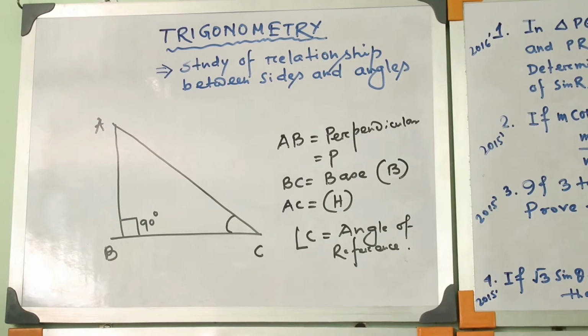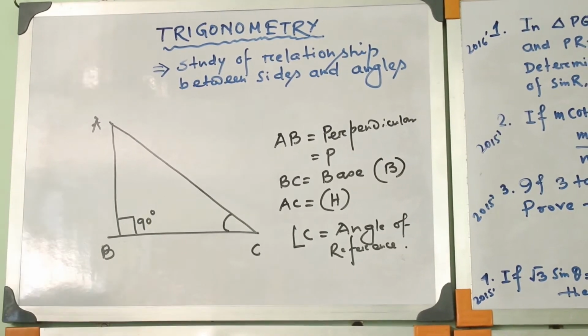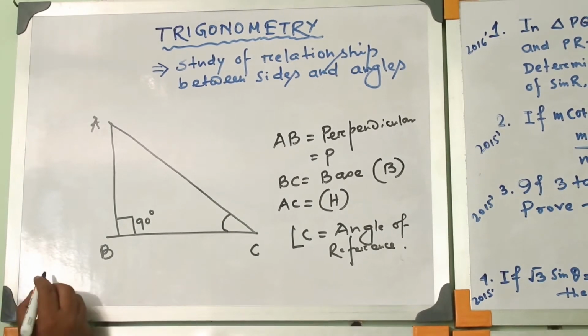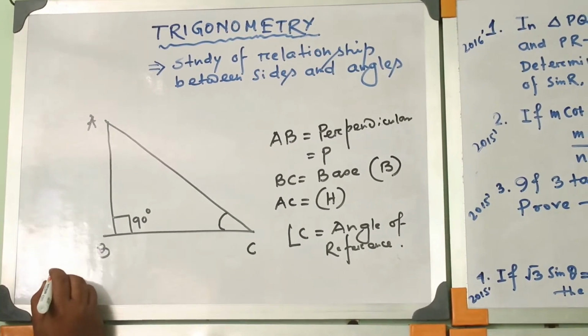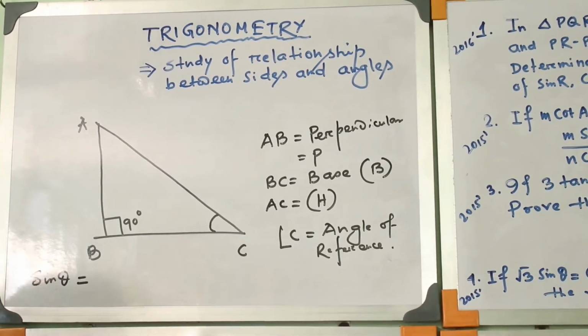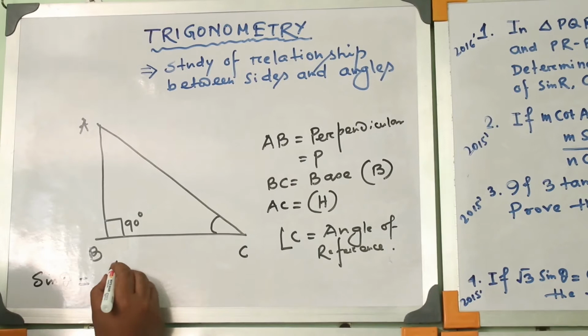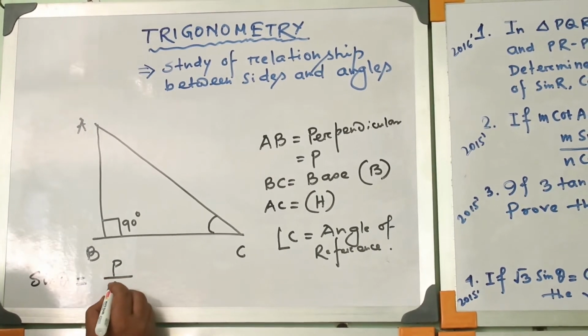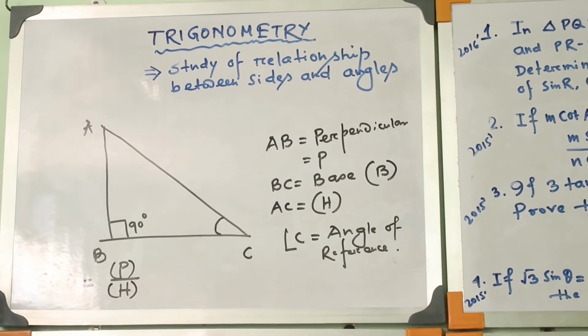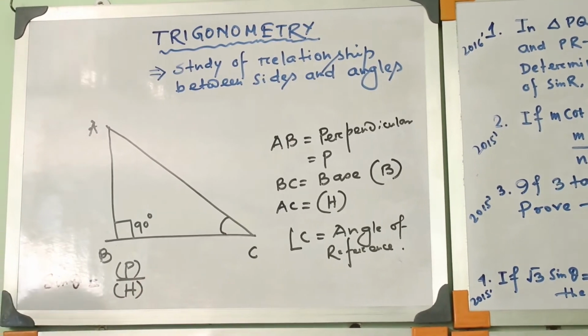Now for trigonometric ratios, different angles are there. Suppose for sin theta. Sin theta is equal to P by H. That means perpendicular by hypotenuse.